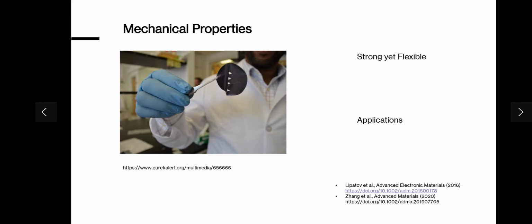Since they're very thin, they don't have any width. Well, not literally, but they virtually don't have any width. It allows them to flex a lot, and the strong bonds between the transition metals and carbon keep it from breaking apart.